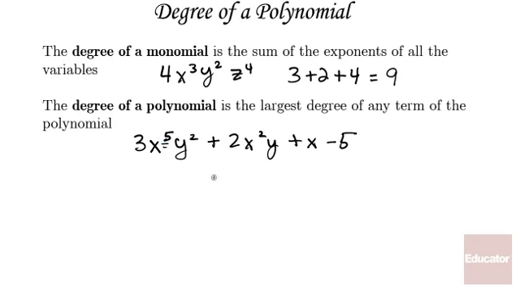I have x to the fifth. Therefore, the degree here is going to be 5. So for a monomial, you add the exponents of all of the variables to get the degree. For a polynomial, you just take the largest degree of any term in the polynomial.